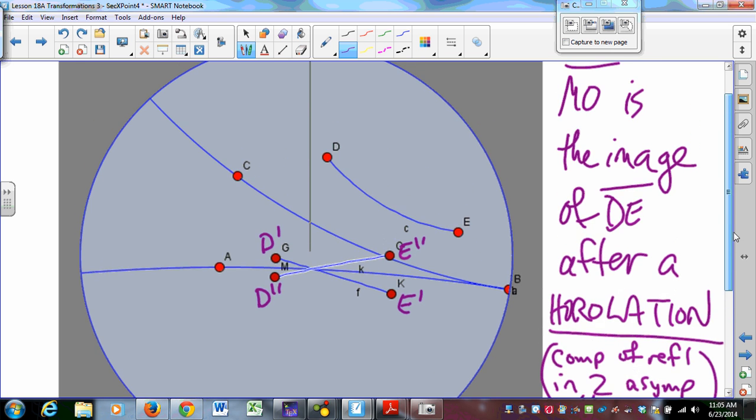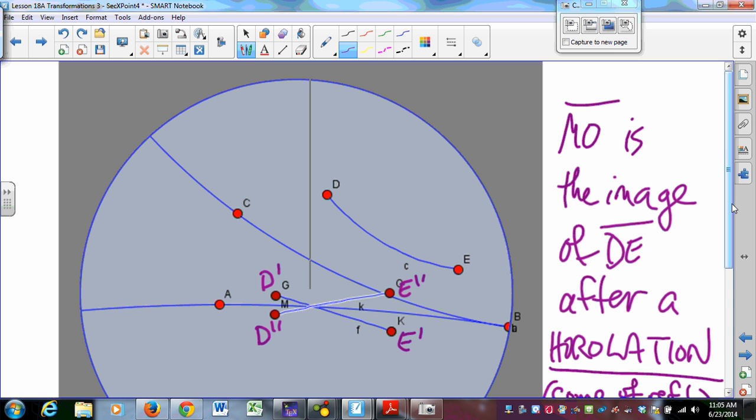And that's the only new kind of transformation that pops up in the hyperbolic plane. Everything else existed from before. So we can say that every transformation in the hyperbolic plane is either the identity or a reflection or a half turn or a rotation or a translation or a glide reflection or a horolation.